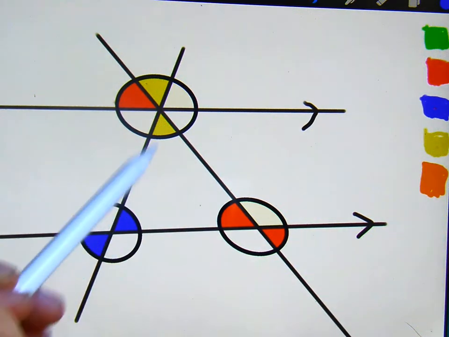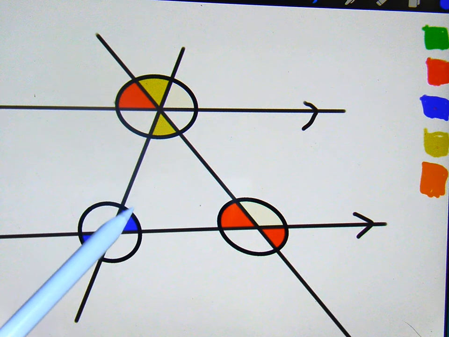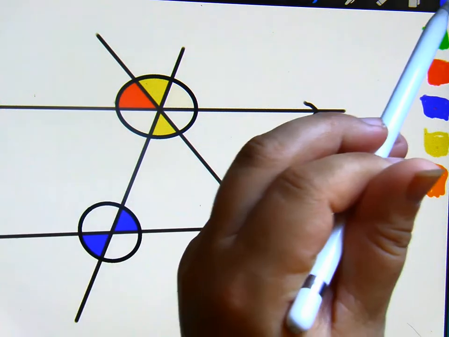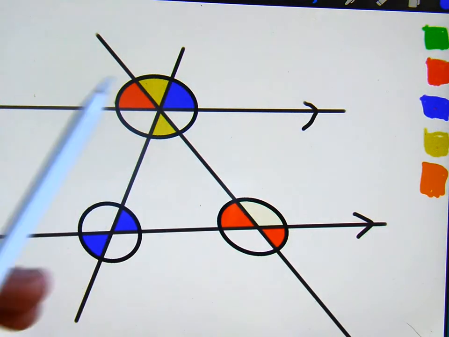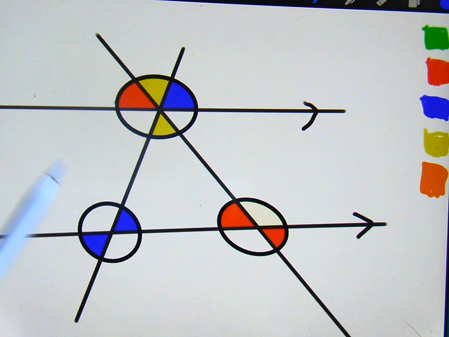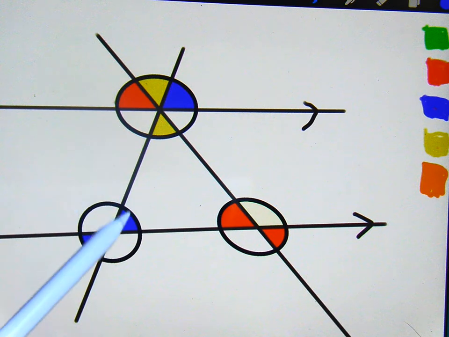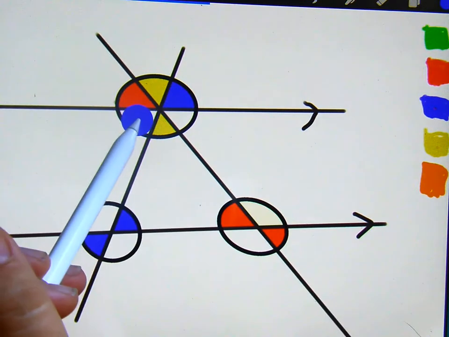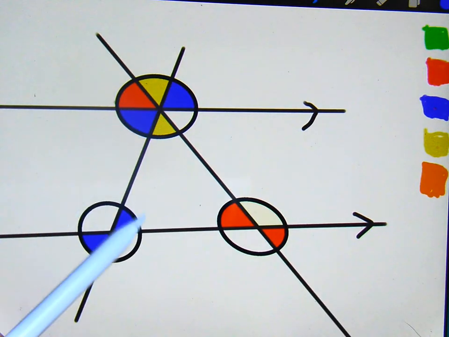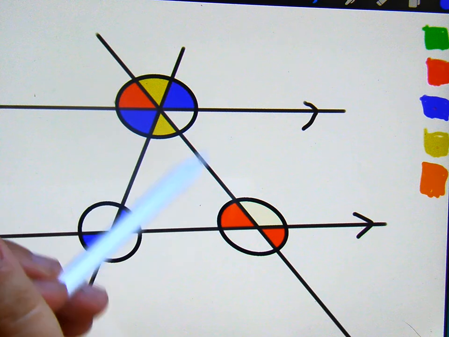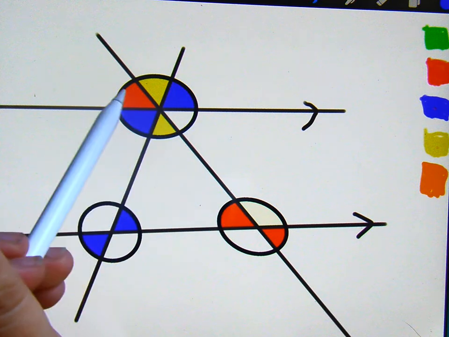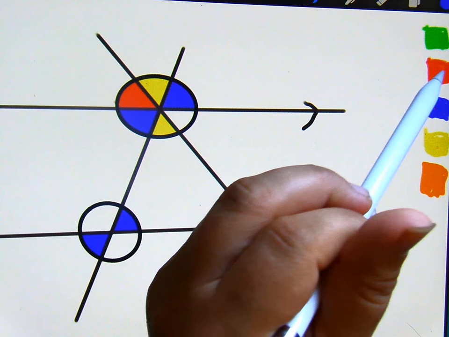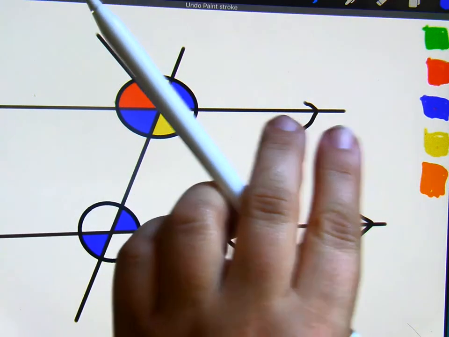Which also, corresponding angles says this one is blue. Alternate interior angles says this one is blue. And we actually have a red alternate interior angle here, or vertical angle here. Oops.